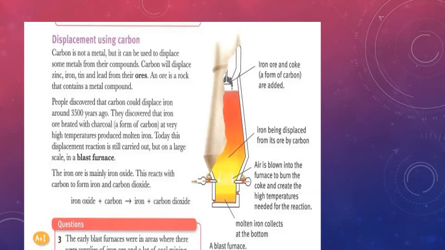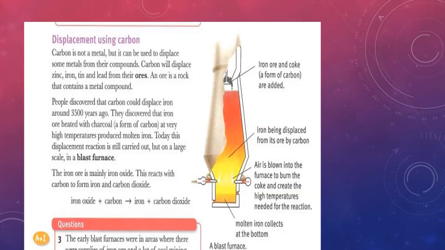The main equation which describes this process is iron oxide, this is the ore from which we extract the iron, plus carbon gives iron plus carbon dioxide.